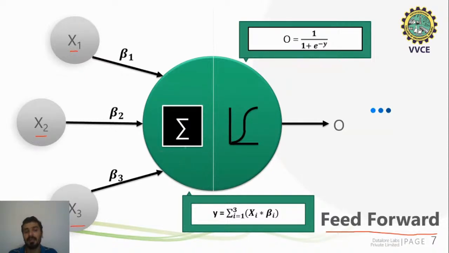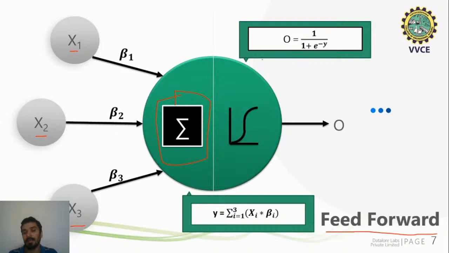In the summation step, you calculate beta1 x1. In this case I've used beta1, beta2, beta3, but you can also use w0, w1, w2, w3. You calculate the weighted sum of all these features with the weights: beta0 plus beta1 x1 plus beta2 x2 plus beta3 x3, with some random weights, of course. That is your output of summation.